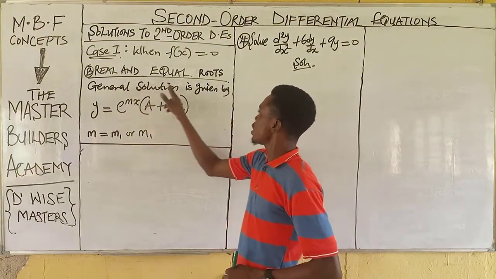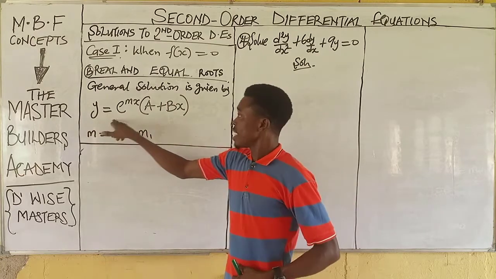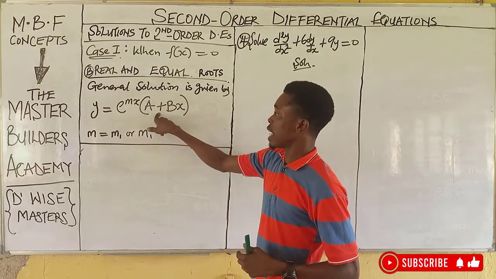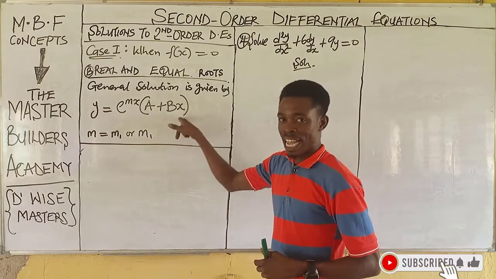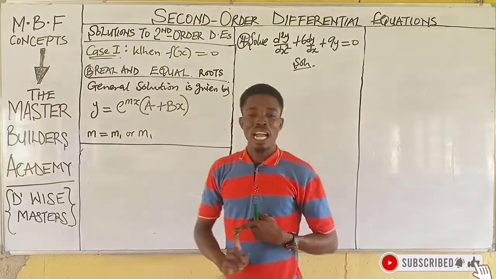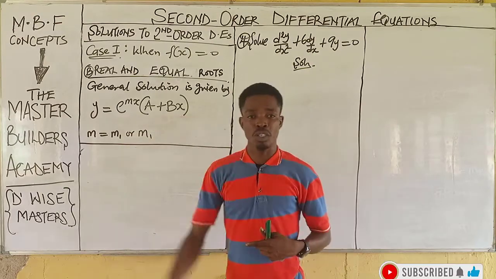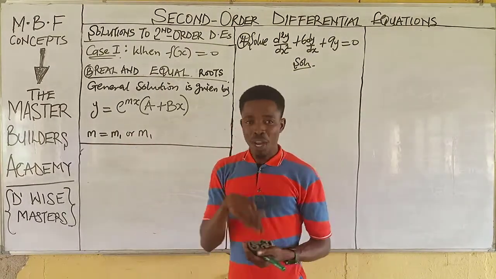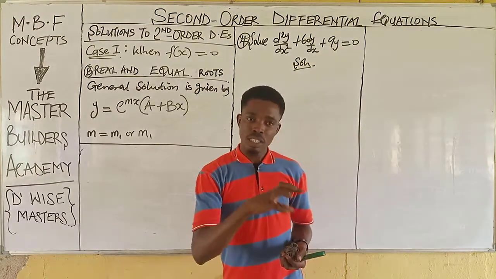The general solution is given by y is equal to e exponent mx open bracket constant a plus constant bx. In another video, I will teach us how this equation was derived. But here now, we want to apply it. For case number 1, I taught you guys how the equation was derived.